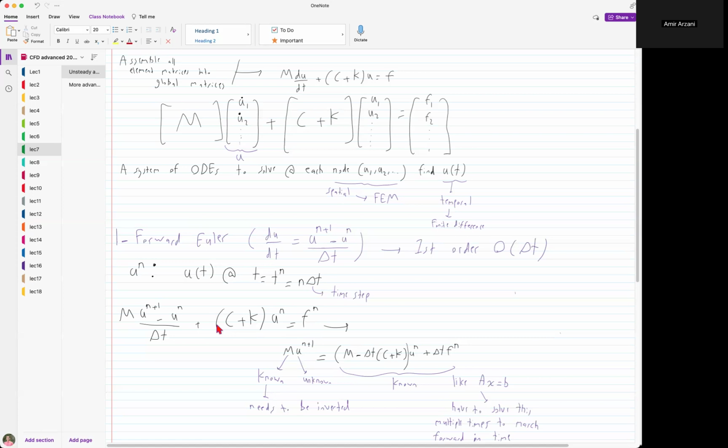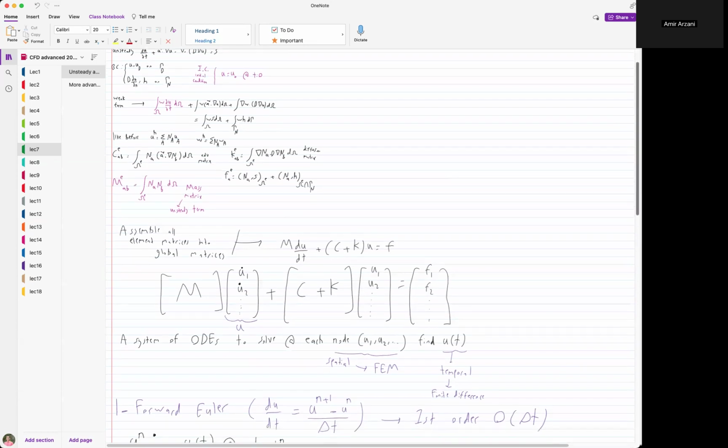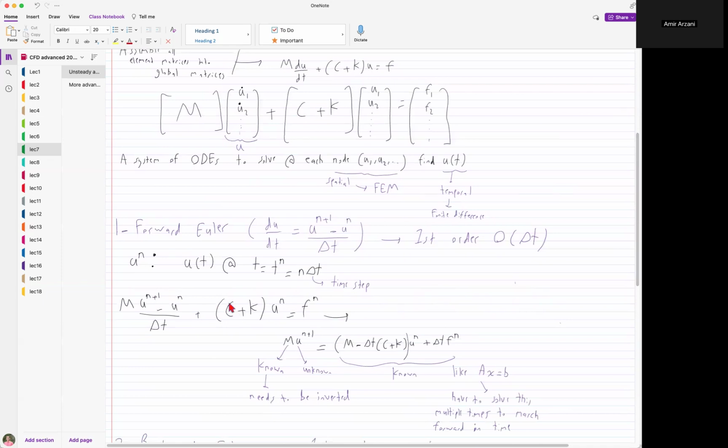Now, one thing that you have to be careful about is that if your velocity field is also a function of time, so if your A here, our velocity vector field, is also time dependent, then this matrix C, which represents convection, will also be time dependent.